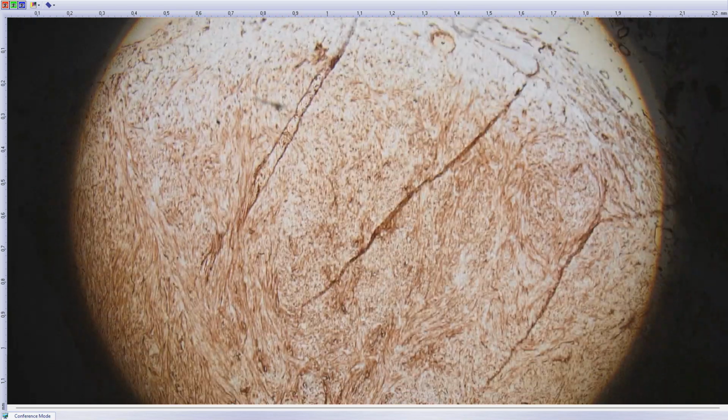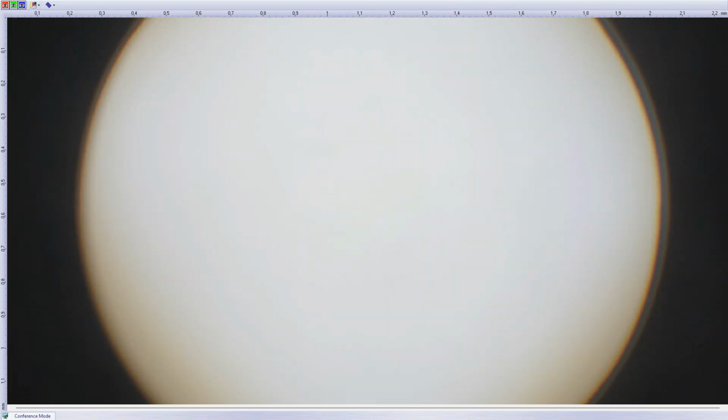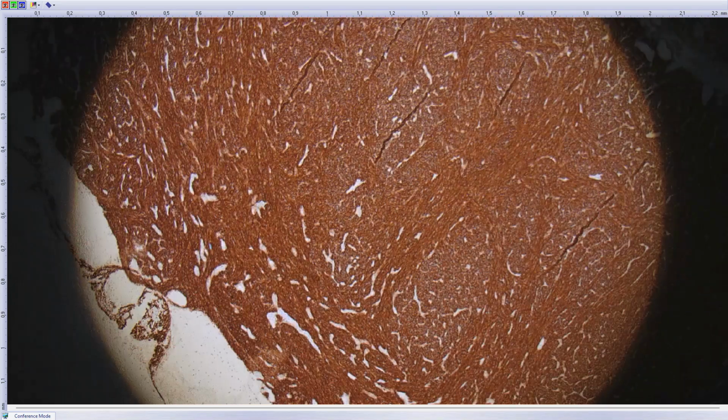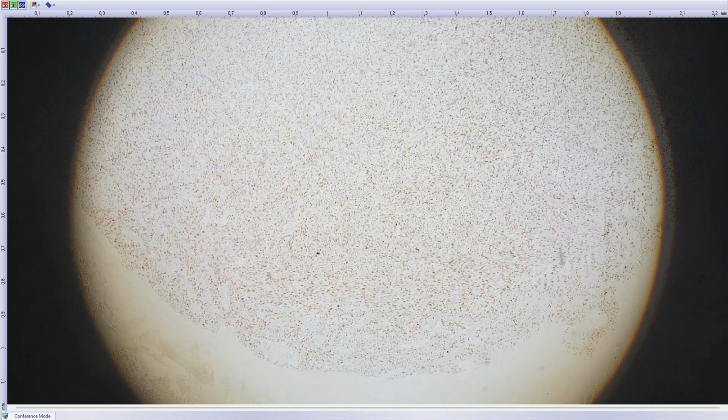Desmin and h-caldesmon were negative. And this is not very specific, but reassuring. This is CD10 expression, so smooth muscle actin and CD10 positivity. And in addition, we've got abnormal p53 staining.